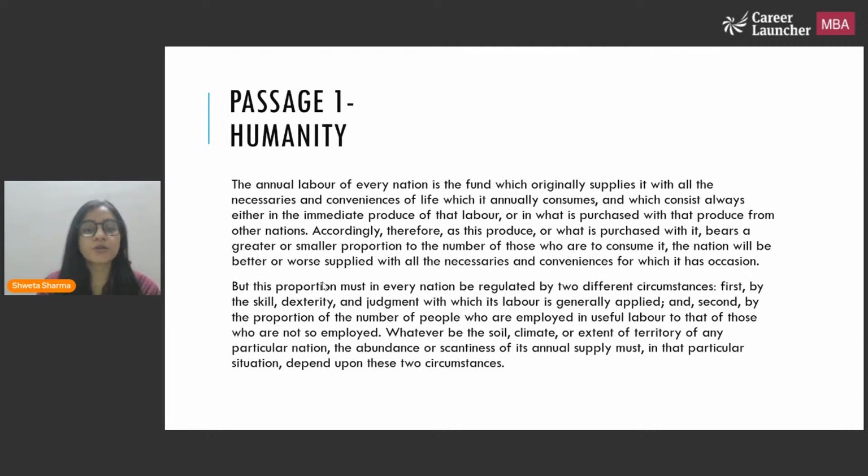Let me know once you're done with both the paragraphs. I'll take you to the next slide, guys. Is the passage tough to understand?